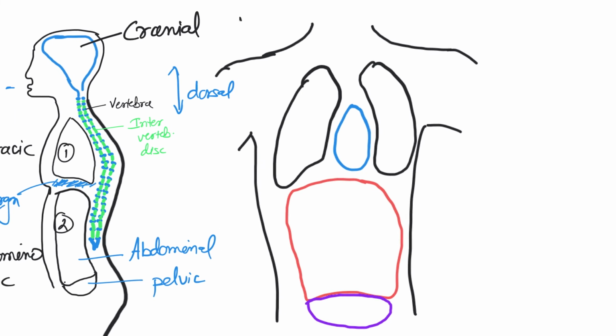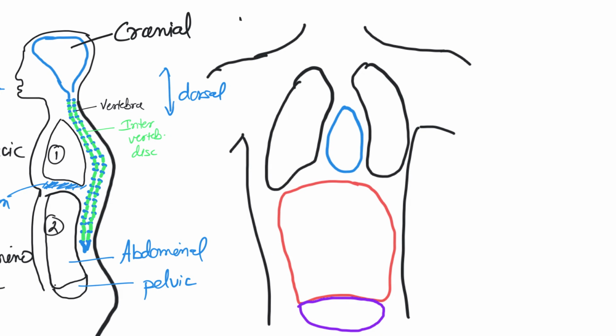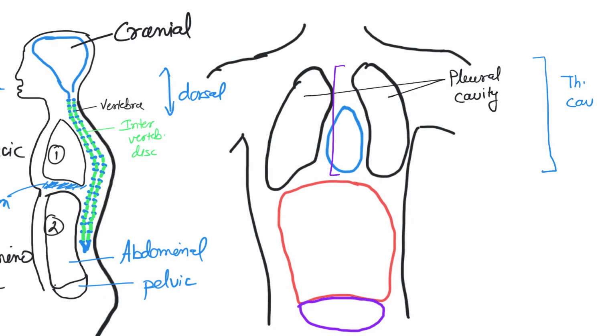Let us zoom in further. So we understood that this is the thoracic cavity, and the thoracic cavity has the pleural cavities, the ones that harbor your lungs, right? And just above and underneath this particular region that you see is called the mediastinum, for the reason that it's between, right?